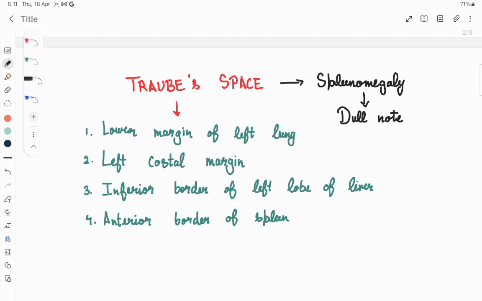So it's not very specific or sensitive, but anyhow it's of some clinical importance. In normal circumstances, within normal limits, there will be a resonant note on percussion. So Traube space can be used to assess splenomegaly.